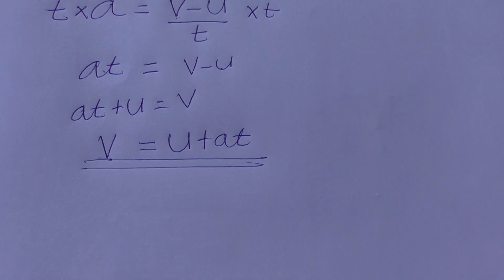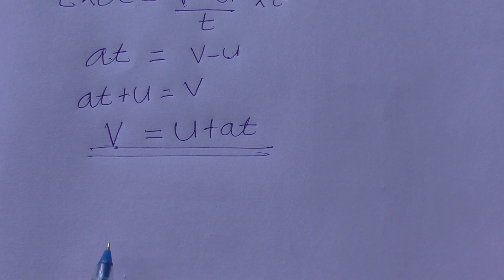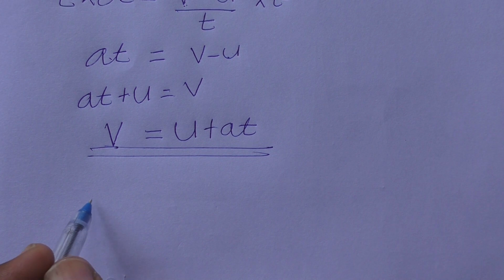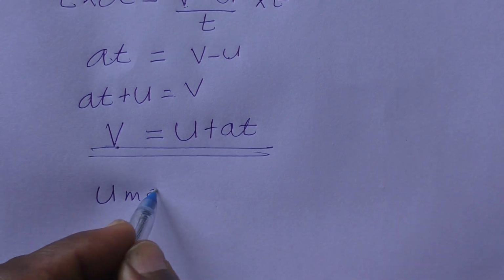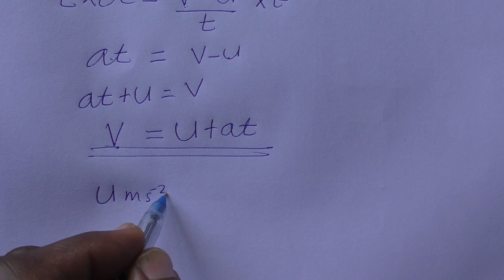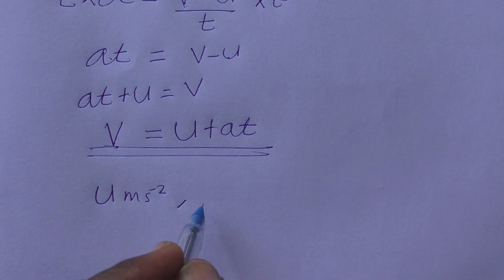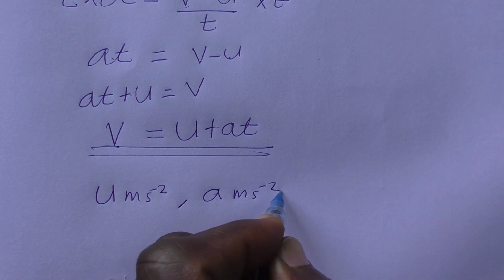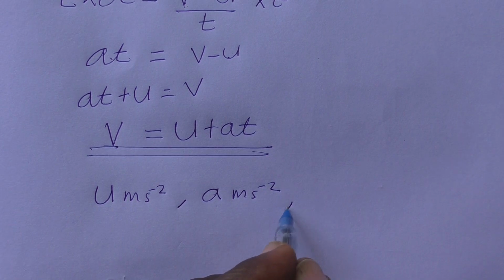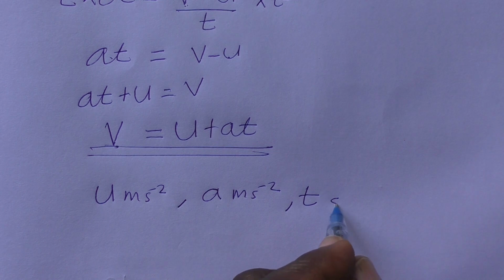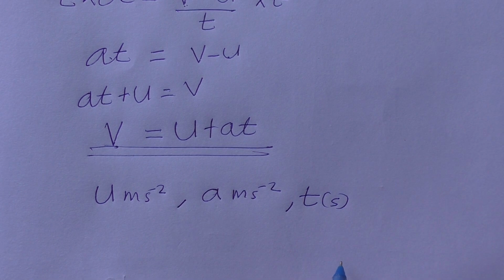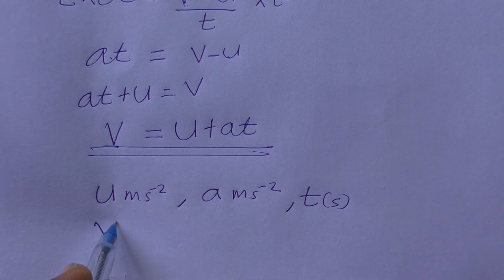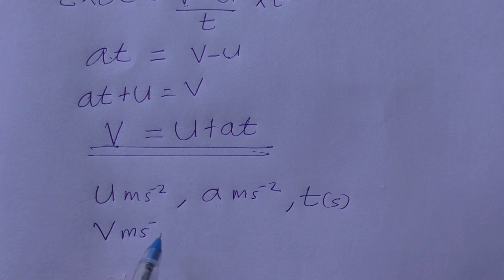Then for the second equation, we shall still consider an object with the initial velocity u meters per second, moving with a uniform acceleration a meters per second squared for a time t in seconds, and attains a new velocity v meters per second.